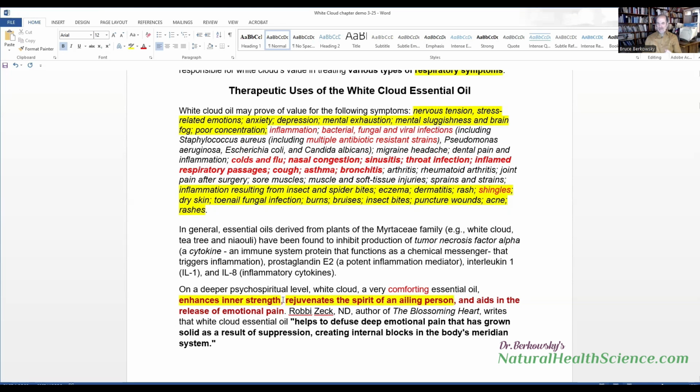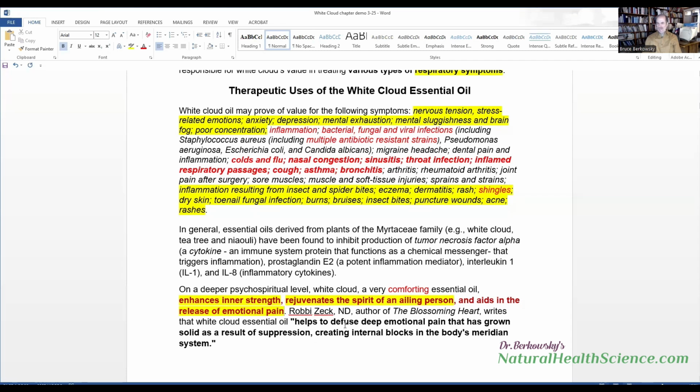So the yin effect, the inward effect of the white cloud on a deeper psychospiritual level creates the yang on the outer manifestation level and aids in the release of emotional pain. Pain in general is yang, and the release of it is a yang action. So here we have like healing like, yang healing yang.